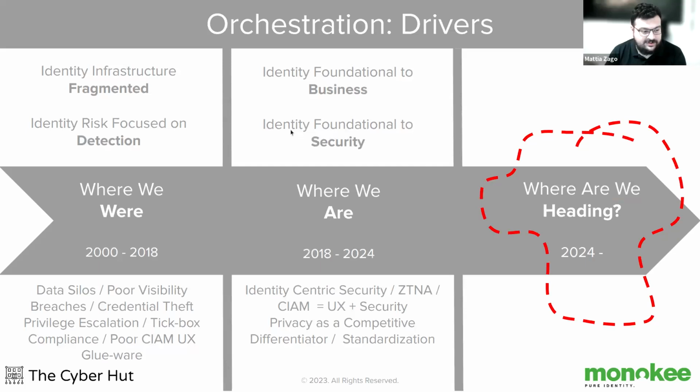And don't forget about zero trust. The whole foundation of zero trust is the fact that everything needs to be authenticated and authorized to access practically everything. So if you were to ask me where we are headed, the trend is pretty much clear. It's straightforward. Although in our opinion, both mine and of course of Monokee, is to split between what the citizens will require and what the workforce will demand.